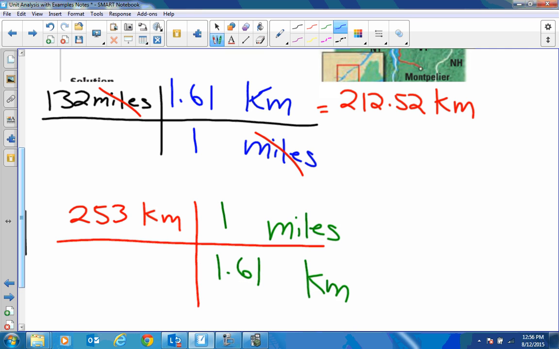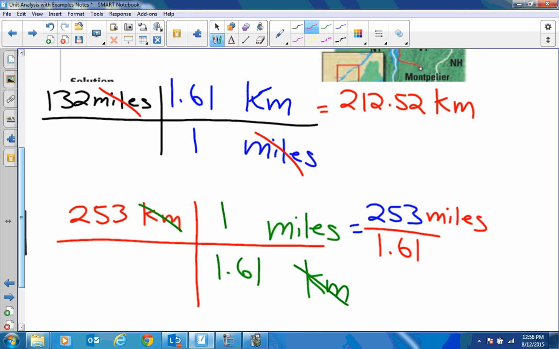So basically, 253 times 1 is 253. Okay, and we can cross out the kilometers. So it'd be 253 miles, and we still have to divide it by 1.61.